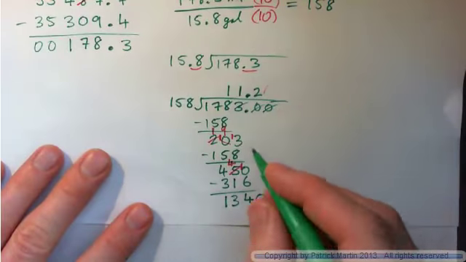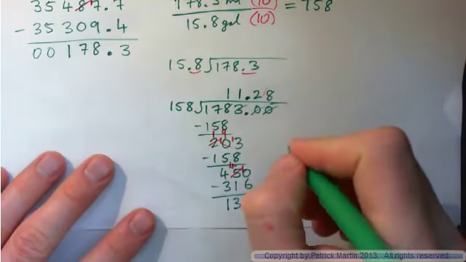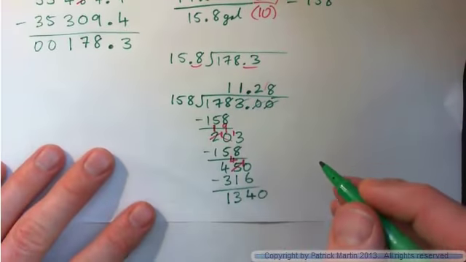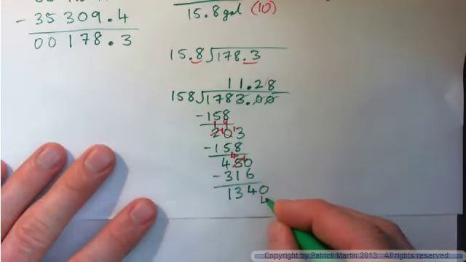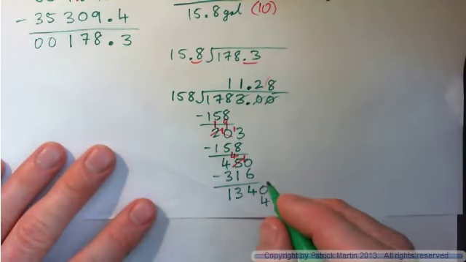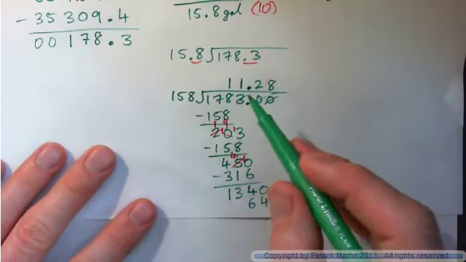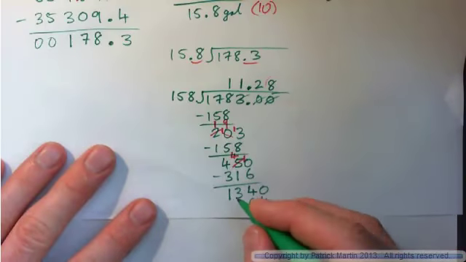Take the 0 down. 158 into this goes how many times? It looks like about, let's try 8. 8 times 8 is 64. Carry the 6. 8 times 5 is 40 and 6 is 46. Then 6, carry the 4. 8 times 1 is 8 and 4 is 12.